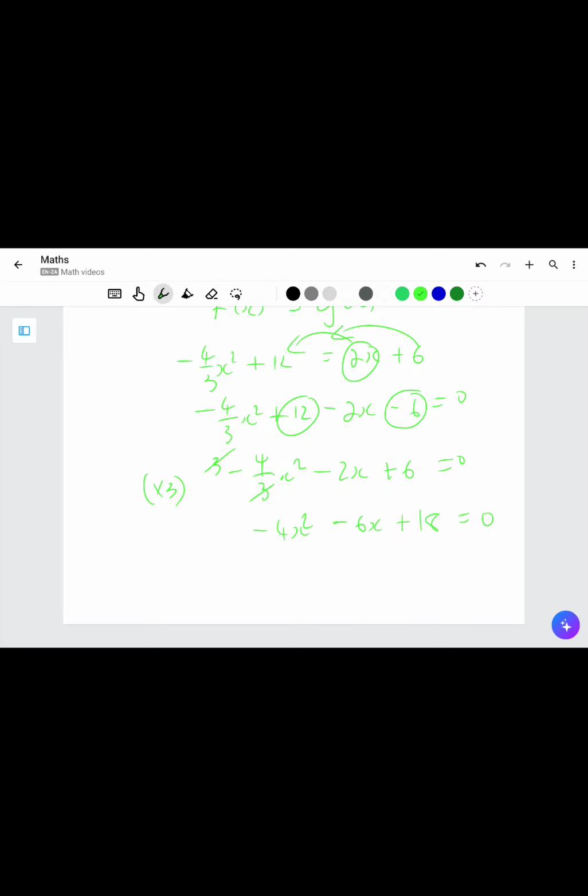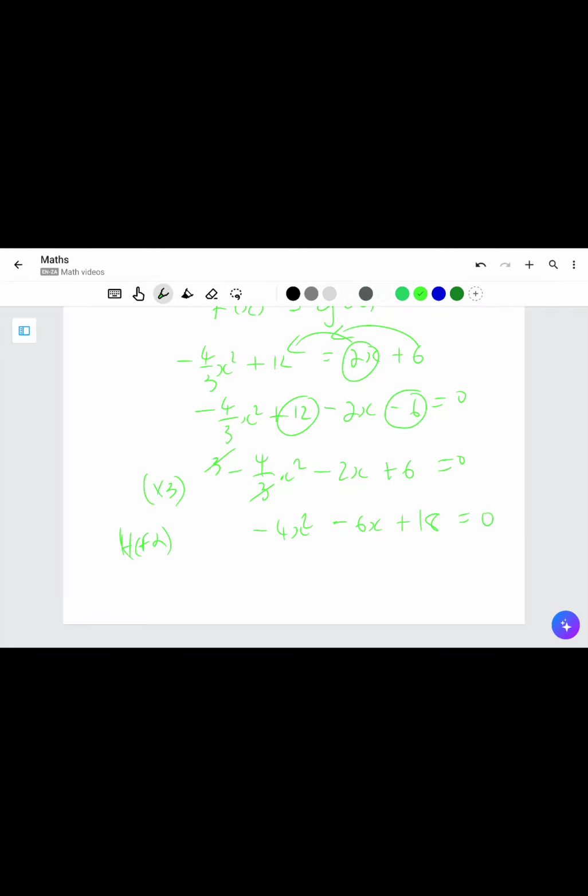As you can see here, we have a quadratic equation. However, what we can do here is take out the highest common factor. The HCF here is 2.